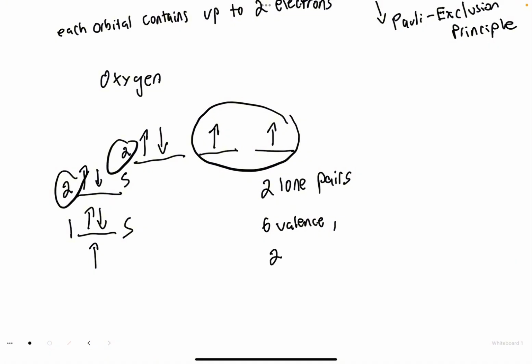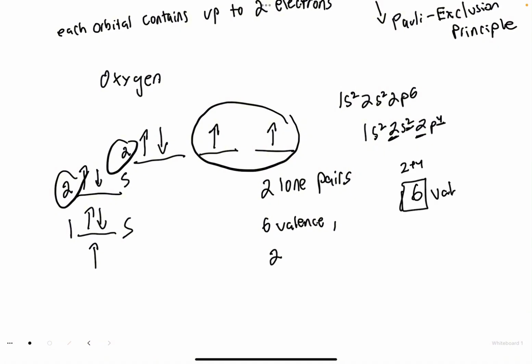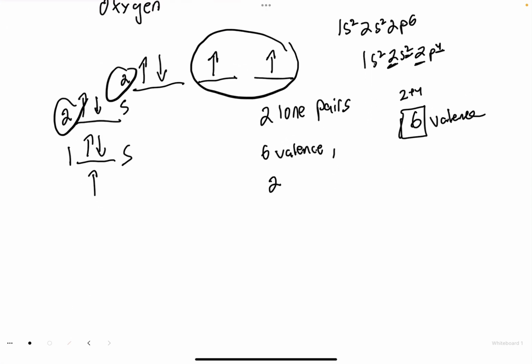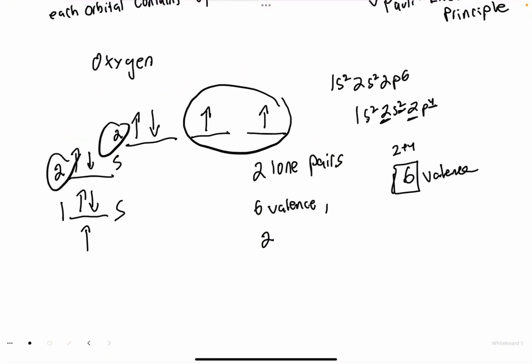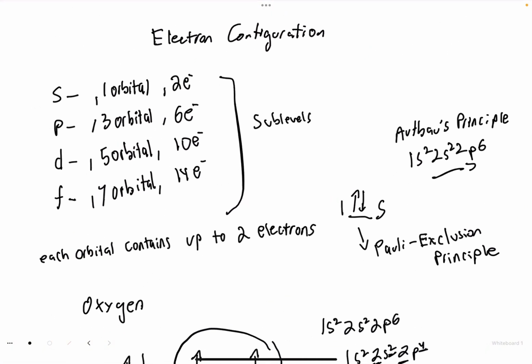So I have 1s2, 2s2, 2p, but since oxygen only has 4 in the p sublevel, I can count my highest level, which is 2. 2 plus 4 is 6, so that's 6 valence. That's the introduction to energy and this idea of electron configuration.